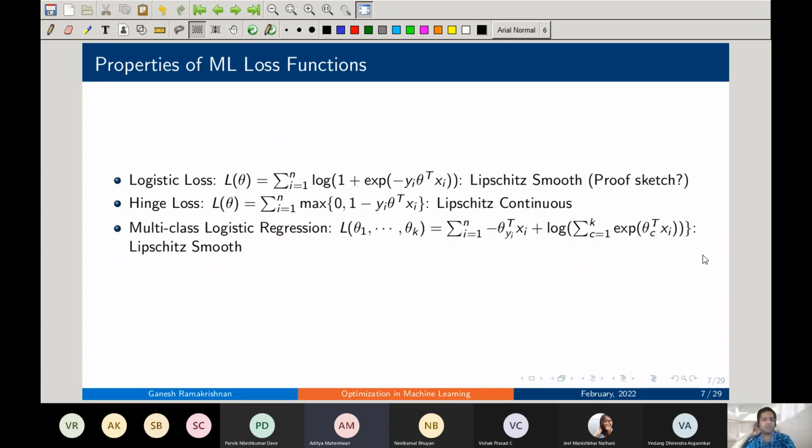Now, multi-class logistic regression, I won't do this, but it is simply a generalization of the logistic case. Okay, so I don't see any challenge extending that.